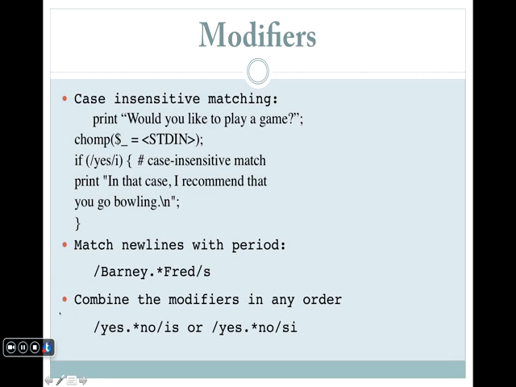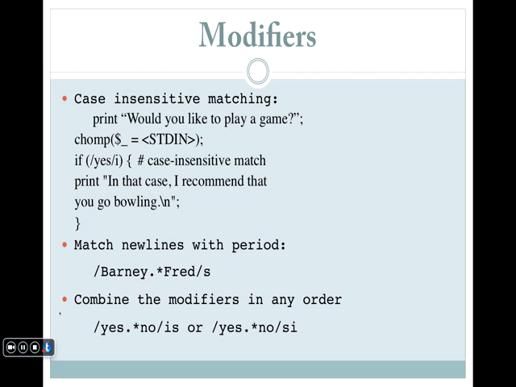So what else? We know that we can match the newline with the period. In this case, to be able to do this, we remember that the dot matches any character except the newline. So if I want to combine both, here I'm saying Barney dot star Fred and then slash s.